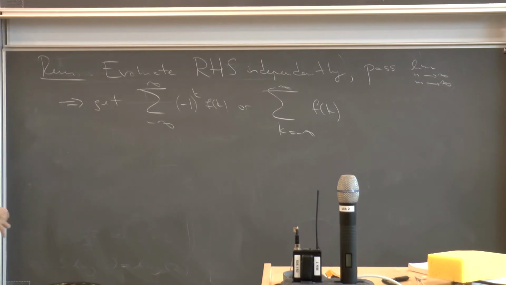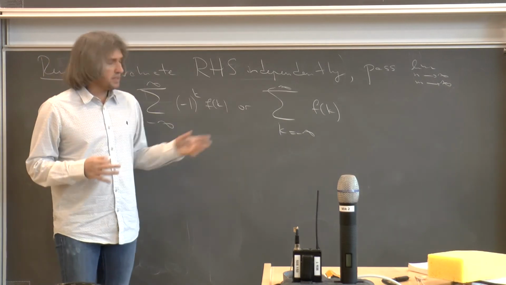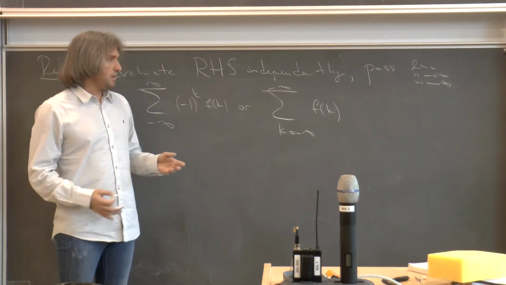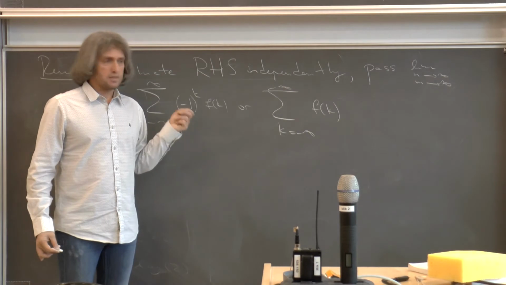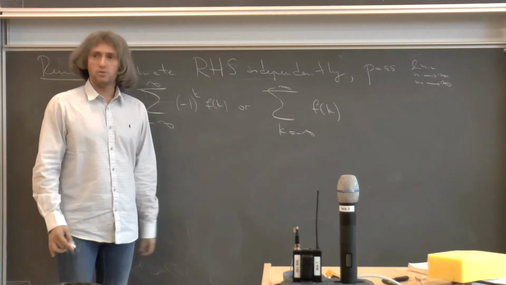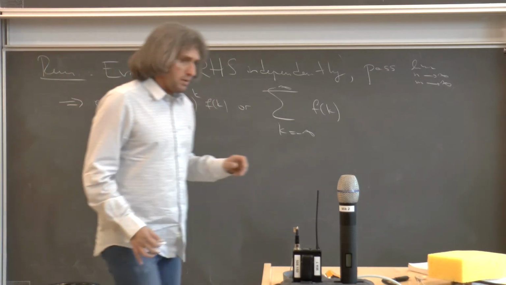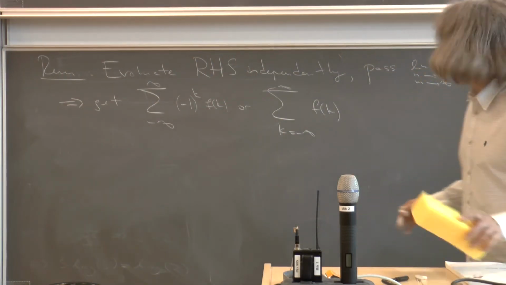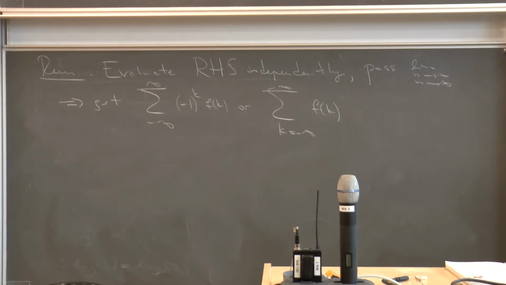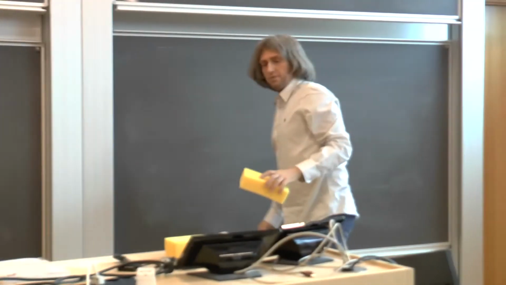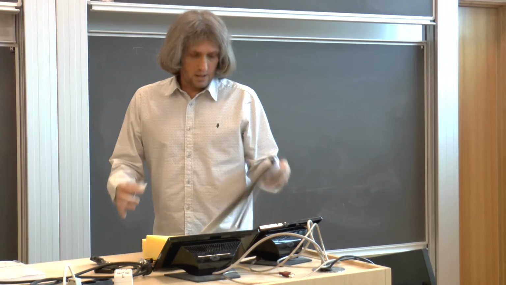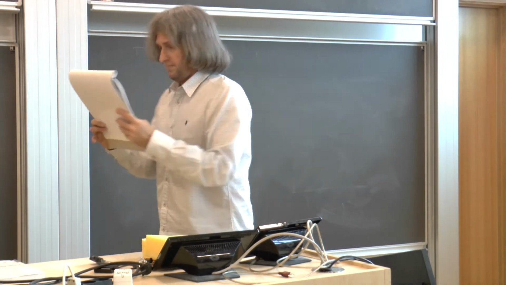Also, sometimes the function is even, which means that the value at k and minus k is the same. Then actually you'll be taking twice the sum from 1 to infinity. So now the basic example. I remember that there are such exercises in the book, in the final assignment. So now let's do an example.